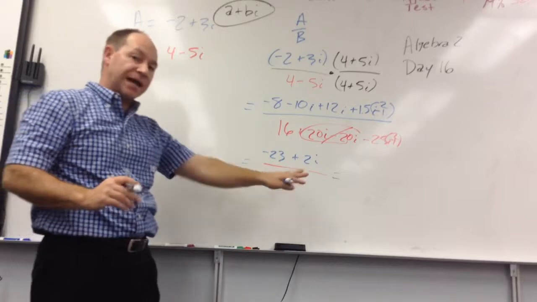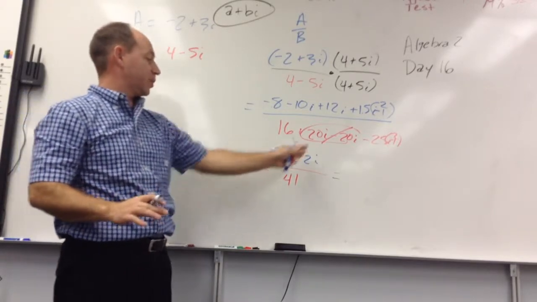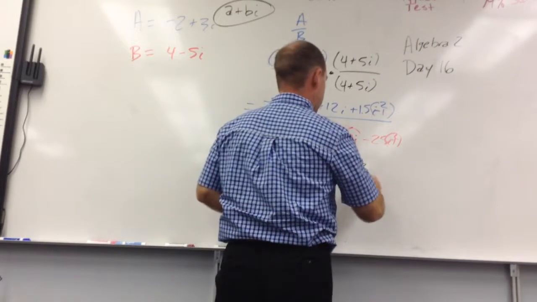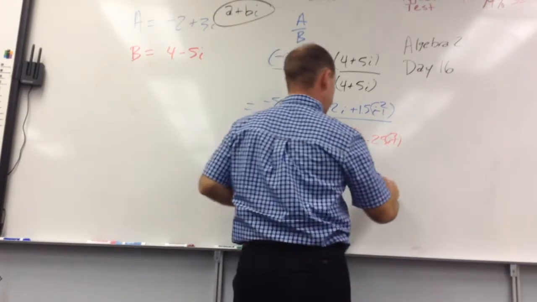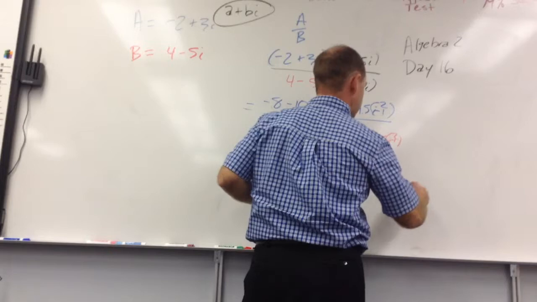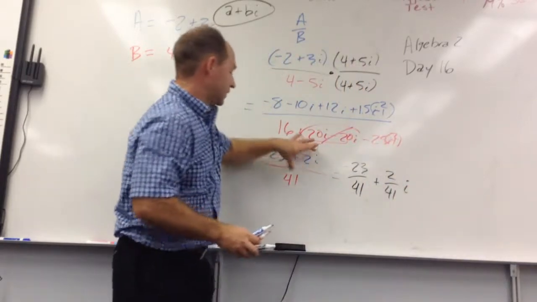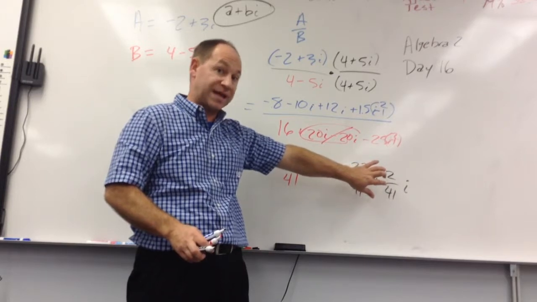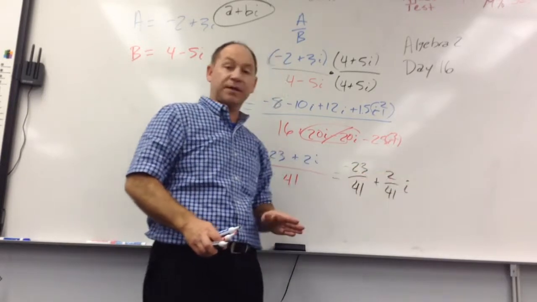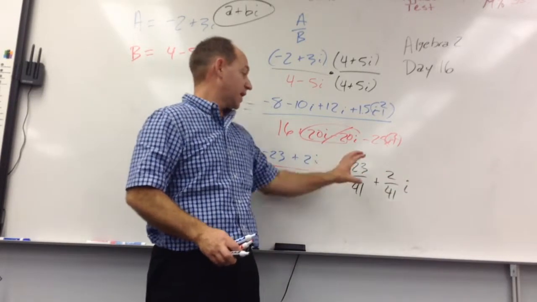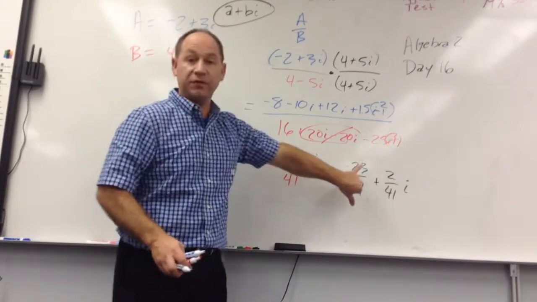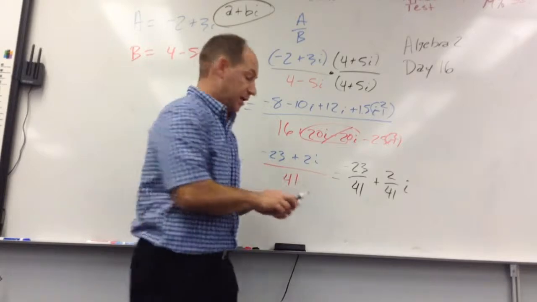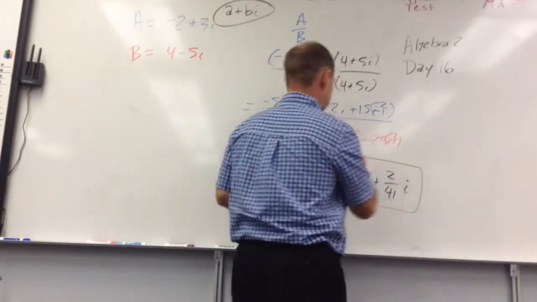So right now that's not looking like it's complex form, so I have to divide both of them by the 41 to get this to be negative 23 over 41 plus 2 over 41 times i. Notice how I took the second part, 2 over 41, and I wrote it as a fraction that's vertical, it's stacked, and then I multiplied it by the i. Okay, so hey, what's my real part? Negative 23 41sts. What's my imaginary part? 2 41sts. Okay, and then there can be no question about that.